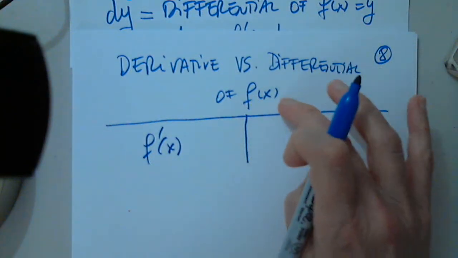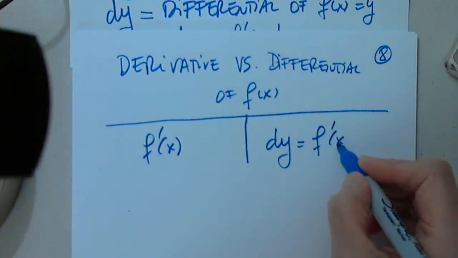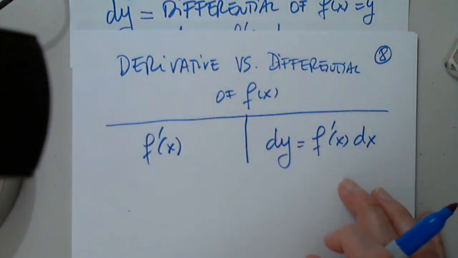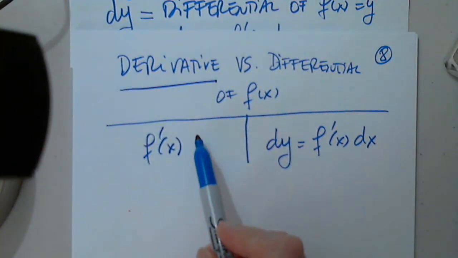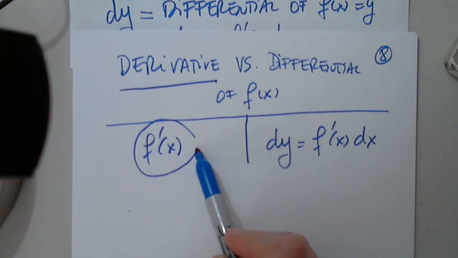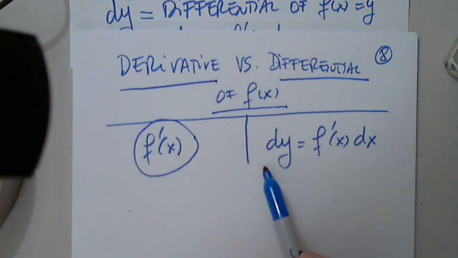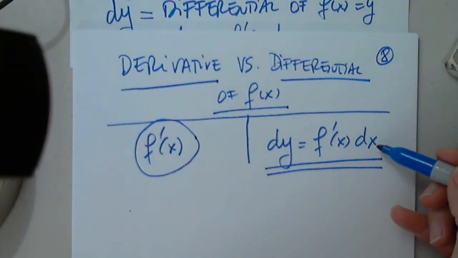The differential of f of x is dy equals f prime of x dx. So do not confuse the two. If we're asked to find the derivative, this is what we determine. If we're asked to find the differential of a function, we have to write this. And of course, we have to differentiate the function times dx.